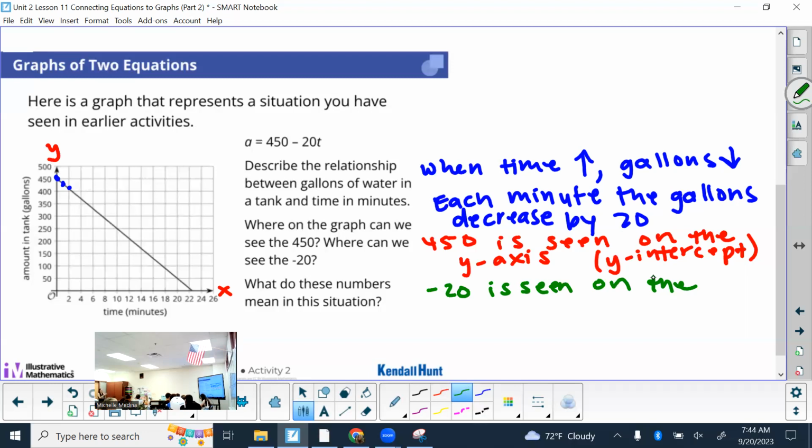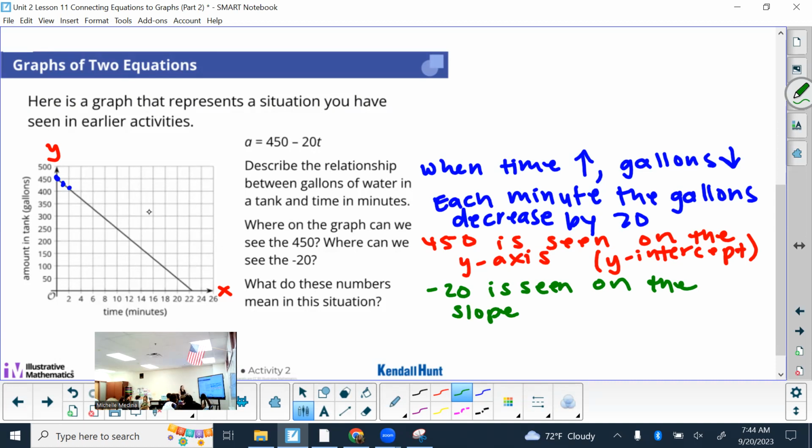Where on the graph is that? On the line itself, specifically, what part? I'm trying not to give you the answer, but what math term would we use? Where we see the negative 20. The slope. So the negative 20 is seen on the slope, which is the steepness of the line, right? That's how we saw it. We literally counted it.